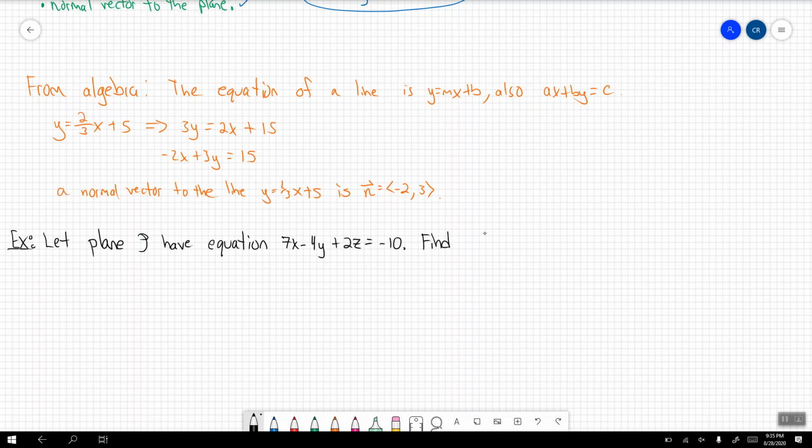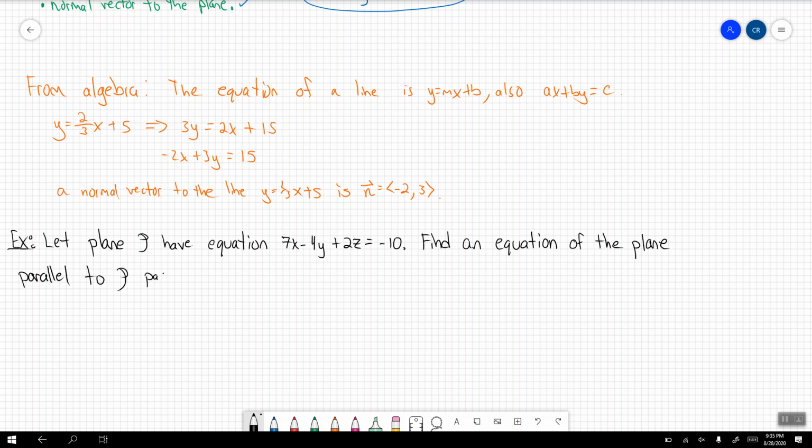And we want to find an equation of the plane parallel to plane P.